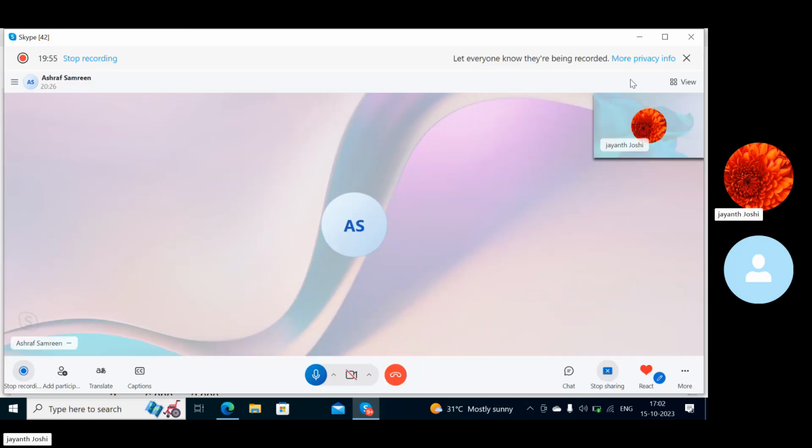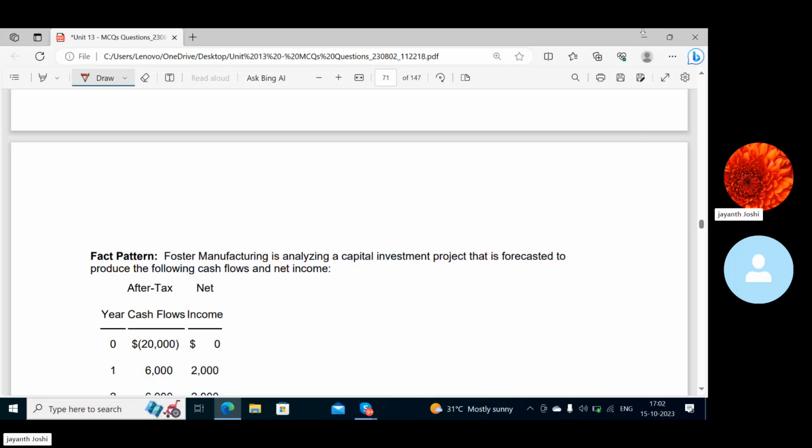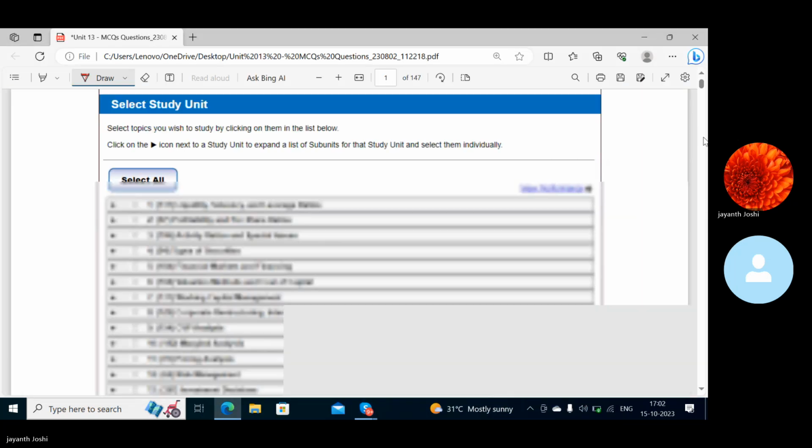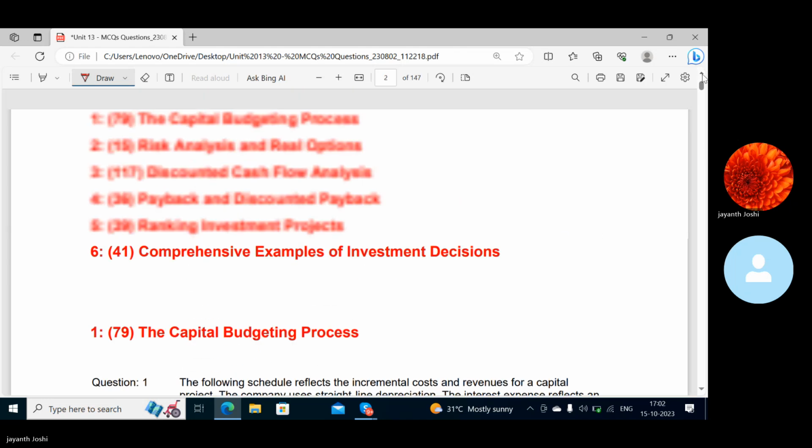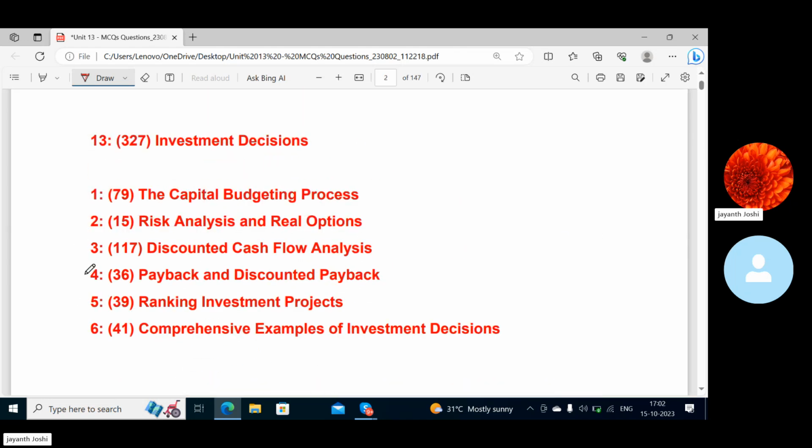So we will start the next section. What section shall we take? We are done with this. Now, shall we go for risk analysis and real options, or ranking investment projects, or the capital budgeting process?